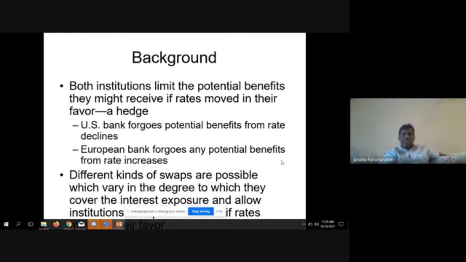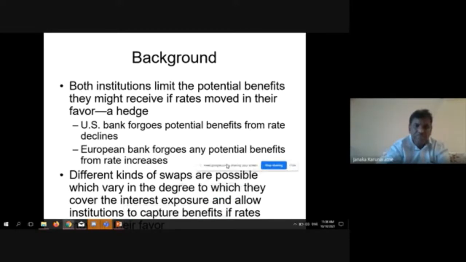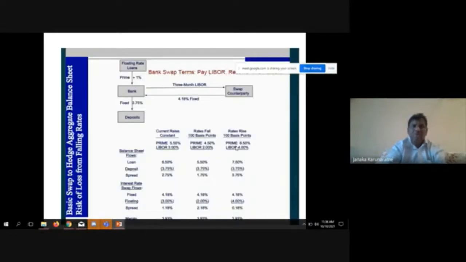So the US bank forgoes the potential benefits from rate declines, and the European bank forgoes any potential benefits from rate increases. Different kinds of swaps are possible, which vary in the degree to which they cover the interest exposure and allow an institution to capture benefits if rates move in their favor. So both benefit through the swap.